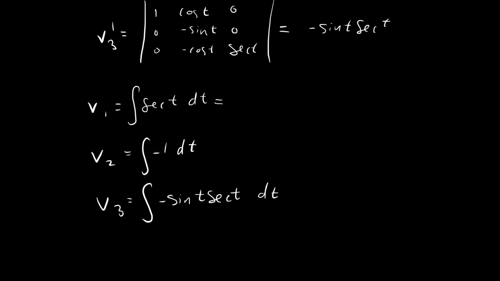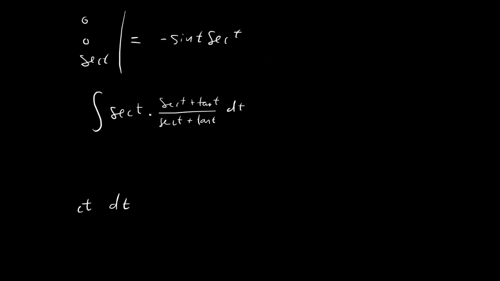The trick would be to, rather cleverly I suppose, multiply the top and bottom by secant t plus tangent t, because then you could use u substitution, where the derivative of secant t is secant squared. So notice this would simplify to secant squared t plus secant tangent.